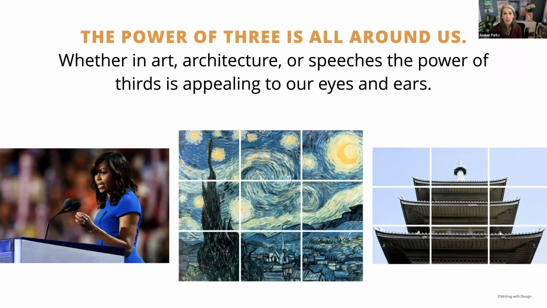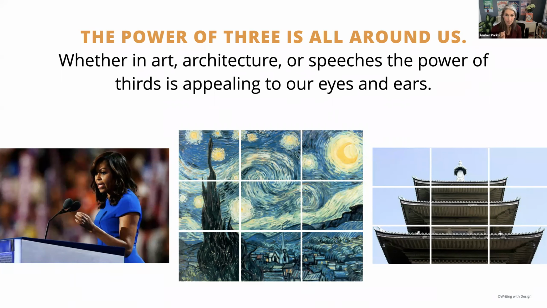So as you think about incredible orators, right, it could be politicians, it can be preachers, it could be family members, but when people speak in ways that draw us in, a lot of times you'll be able to find the power of 3 in the way that they've phrased their sentences and their paragraphs. In art, right?